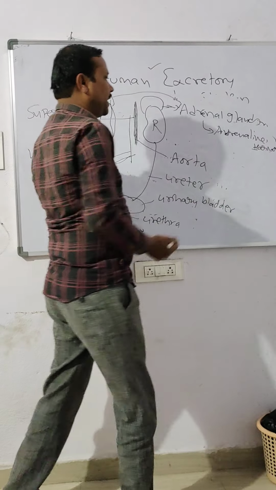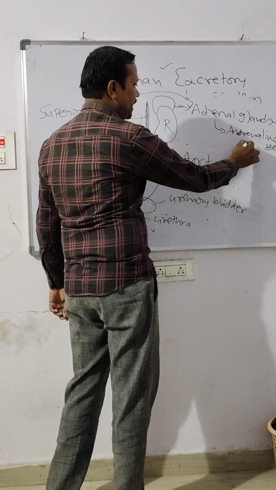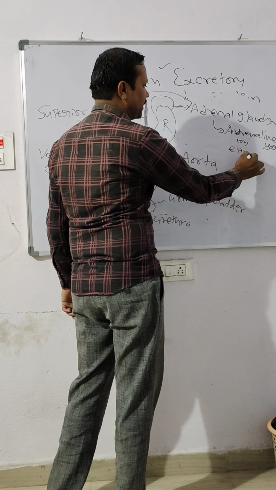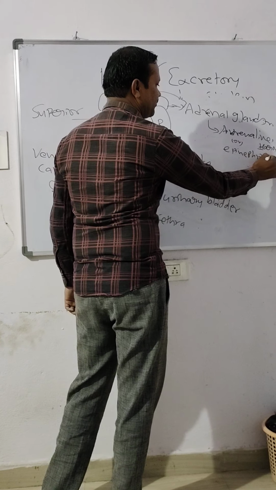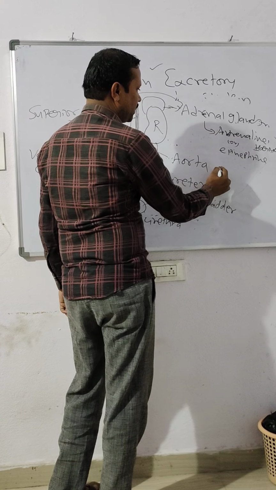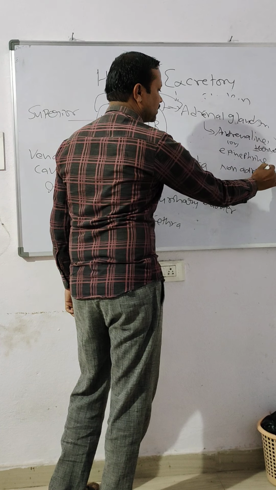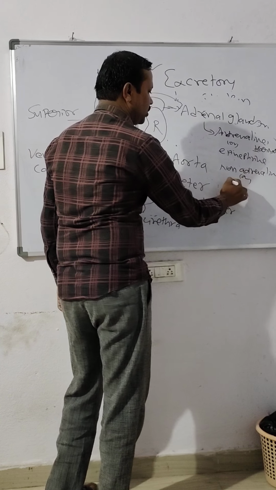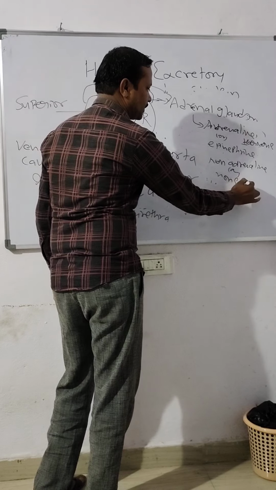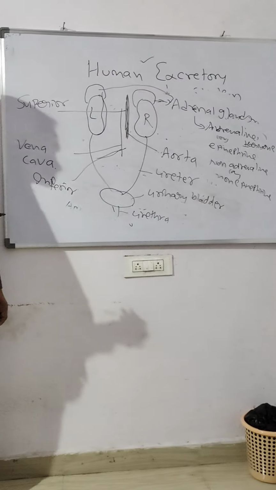This adrenaline hormone is also called epinephrine. So there are two types: one is adrenaline, or epinephrine, and the second one is noradrenaline, also called norepinephrine hormone.